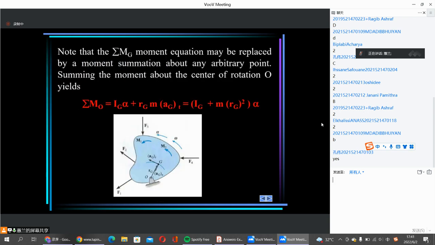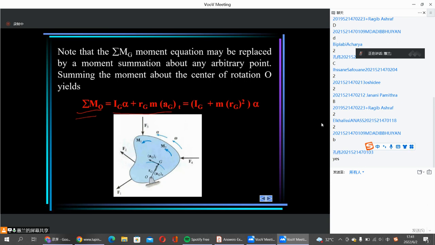So here, instead of taking the moment about the mass center, we take the moment about point O. This one will be the moment about point O by the real force system. You calculate based on the FBD. That's why we always say FBD is really, really important. The force analysis is very important.